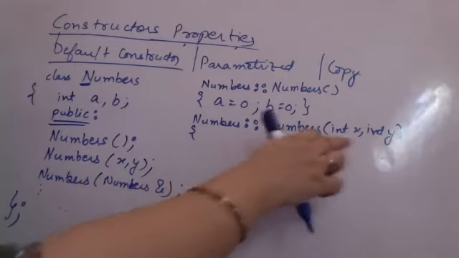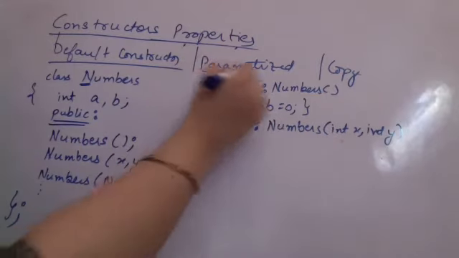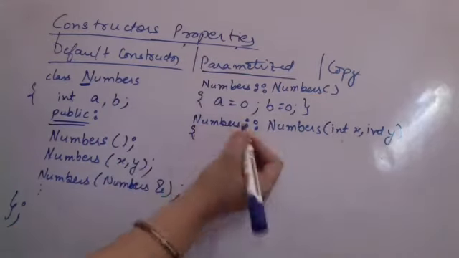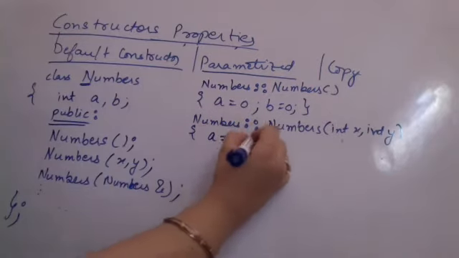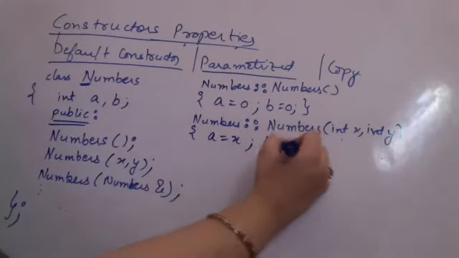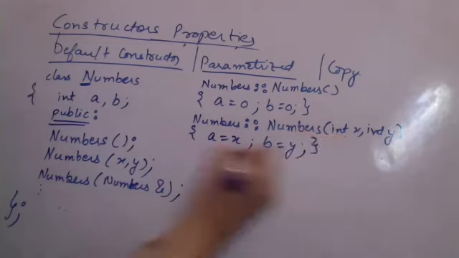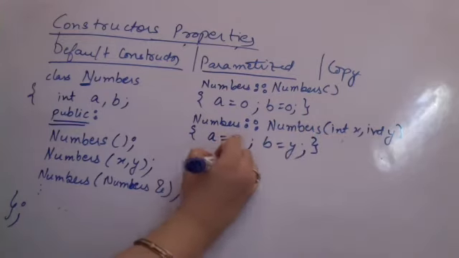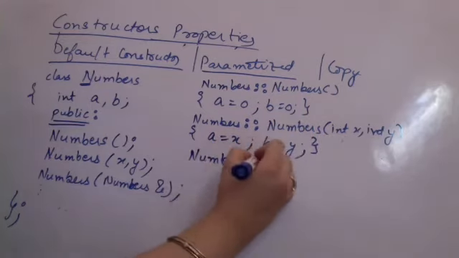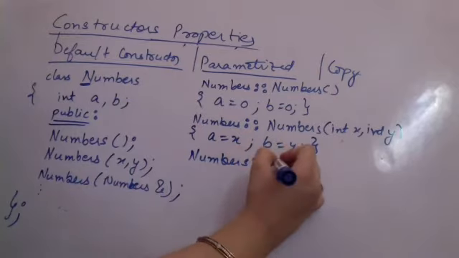Now a constructor with parameters is called a parameterized constructor. So here I am saying that A is equal to X, B is equal to Y. And in the third part, supposedly, I am having a copy constructor.